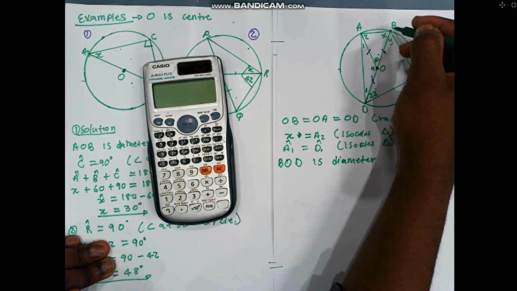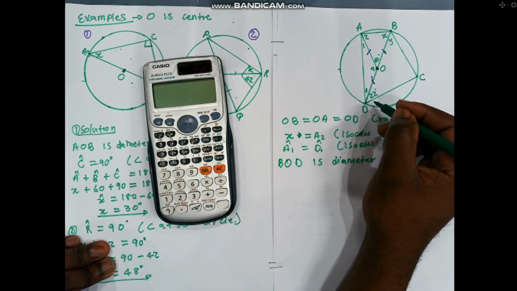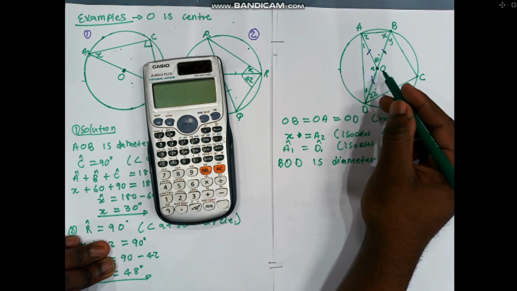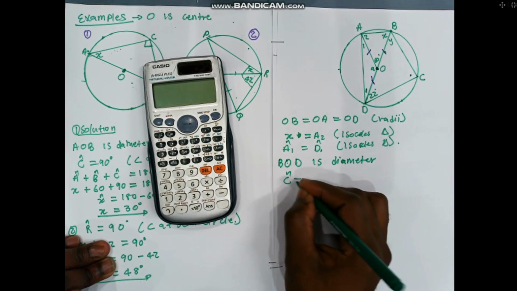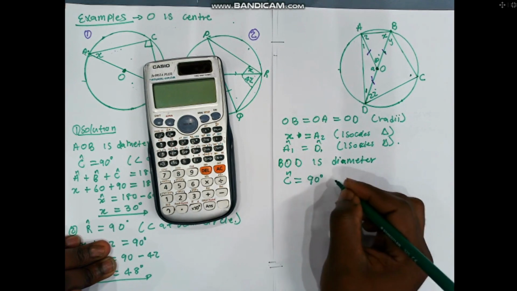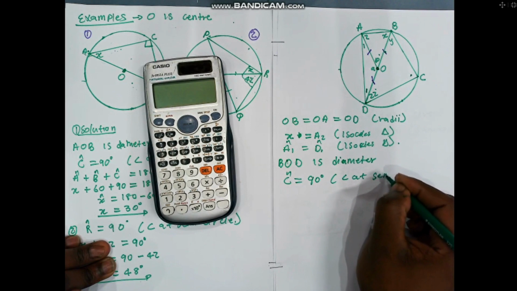So if OB, OD is a diameter, we must check, do we have an angle that subtends this diameter? Yes, we do, which is C. So C is what? It's 90 degrees. Why 90 degrees? Angle at semicircle.